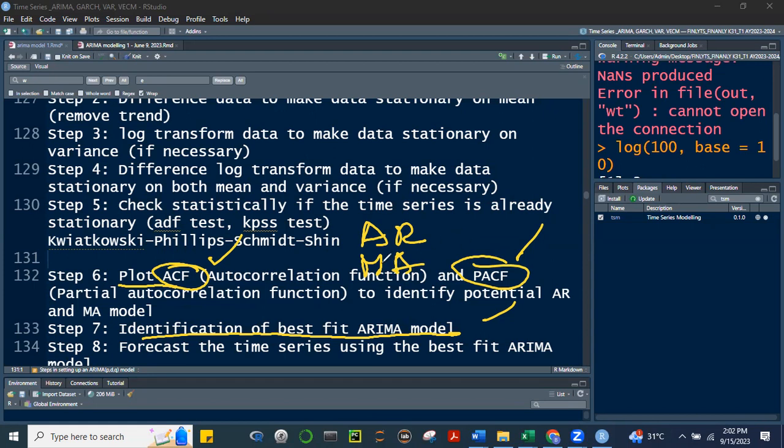Because nowadays, class, the plotting of the ACF can easily be done with just one line of code in R, and the identification of the best fit model can also be run with just one code. So one code, and then you're finished.